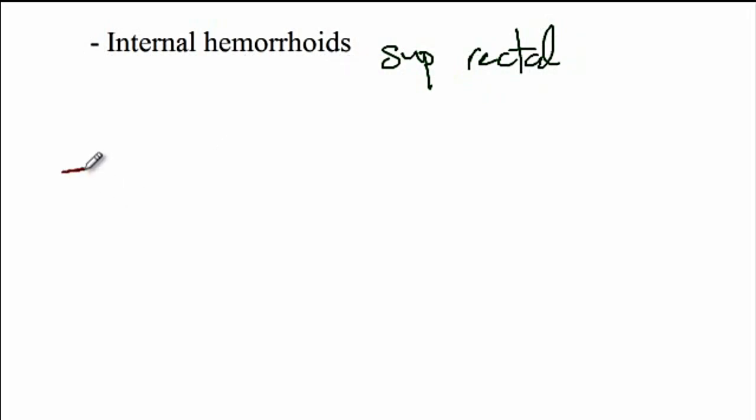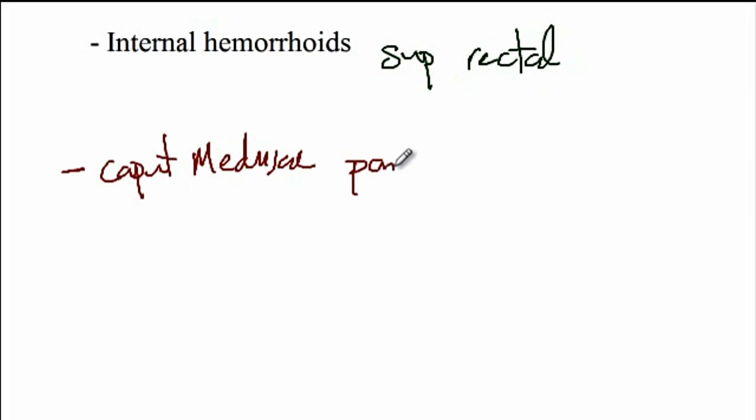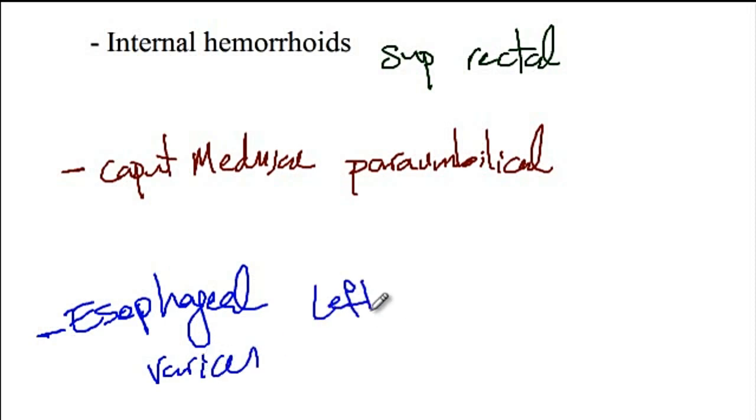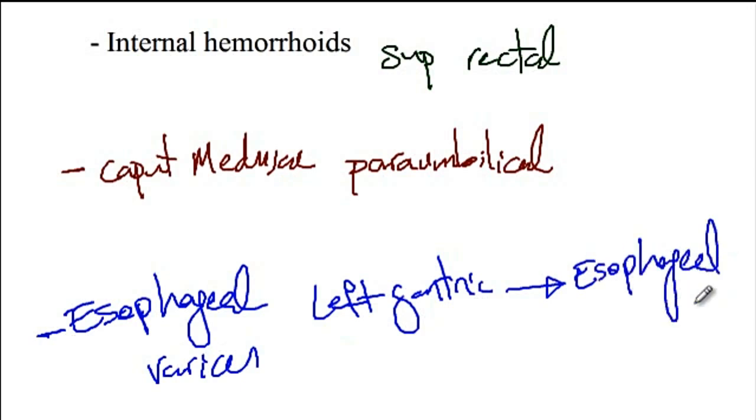Now, we just discussed earlier that caput medusa is also another complication of the portal hypertension due to the distension of the paraumbilical veins, and then esophageal varices can also develop because the left gastric vein is part of the portal venous system, and the left gastric vein is connected to the esophageal vein, which is part of the systemic venous system. So due to the distension of the esophageal veins, esophageal varices can develop.